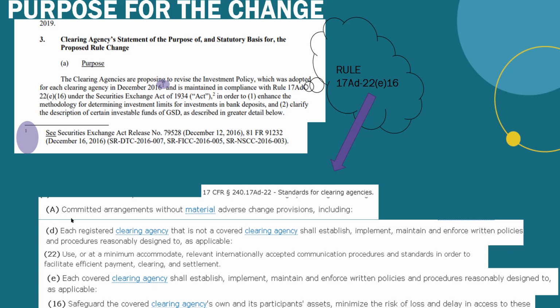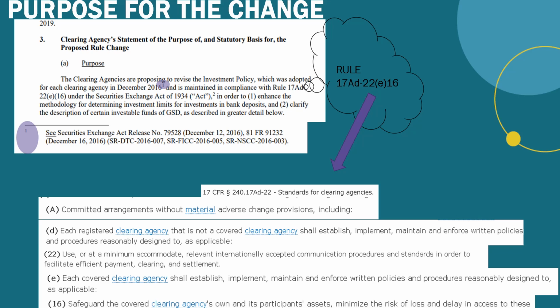So (a) is committed arrangements without material adverse change provisions, including, and then you've got to go find these and put them all together. Each registered clearing agency that is not a covered clearing agency shall establish, implement, maintain, and enforce written policies and procedures reasonably designed to, as applicable, use or at a minimum accommodate relevant internationally accepted communication procedures and standards in order to facilitate efficient payment, clearing, and settlement. And then we have (e).